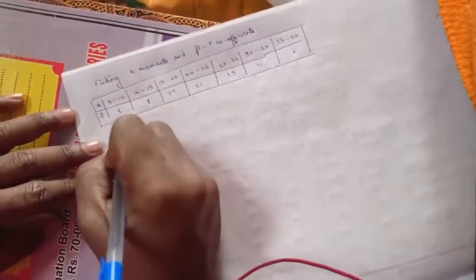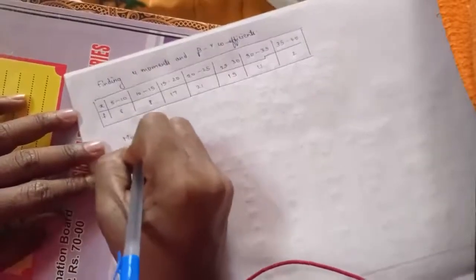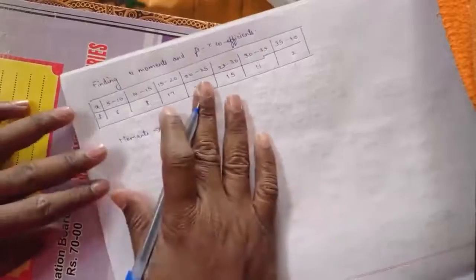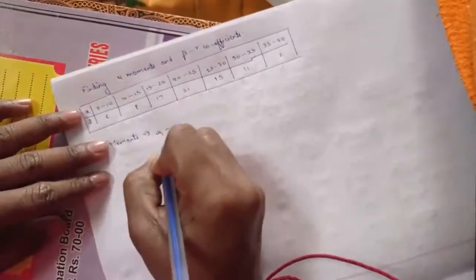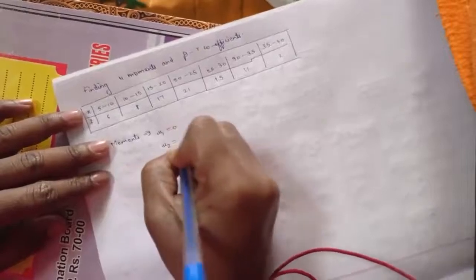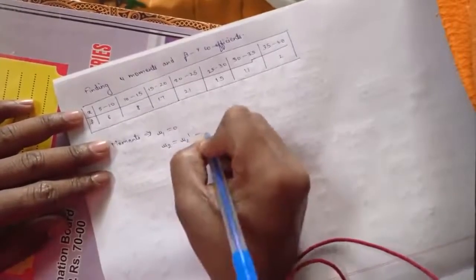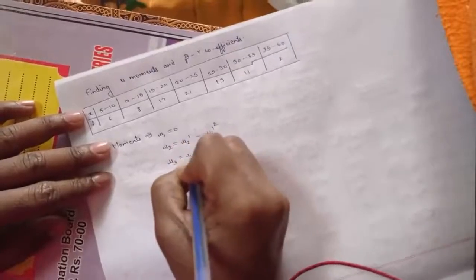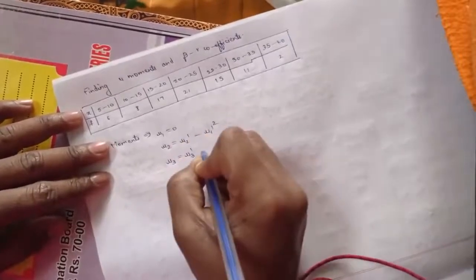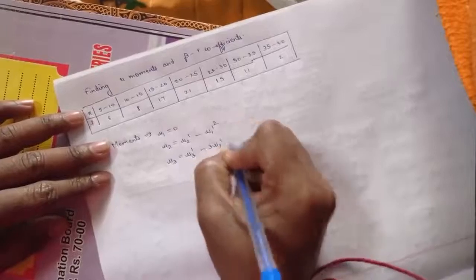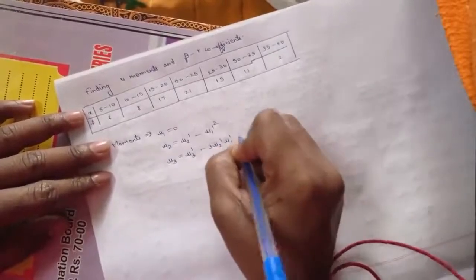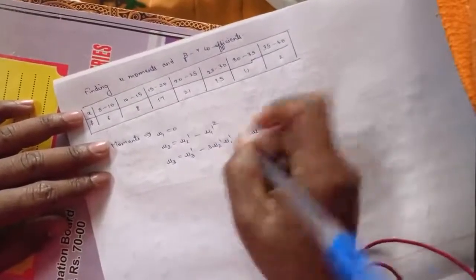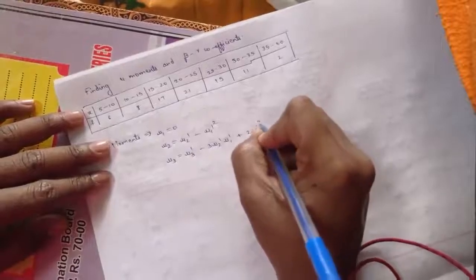So what are the four moments? You can skip if you know the moments already. Mu1 is always 0. Mu2 is equal to mu2 dash minus mu1 dash square. Mu3 is equal to mu3 dash minus 3 mu2 dash mu1 dash plus 2 mu1 dash power 3.